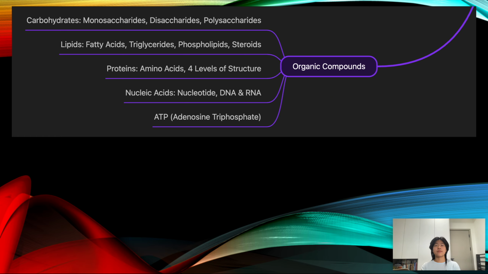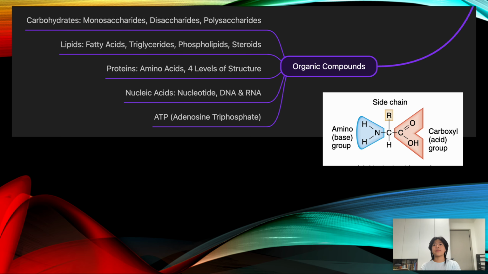Then let's talk about proteins. So proteins are long chains of amino acids. So amino acids are the basic monomer of proteins, which is the polymer. Taking a look at the basic structure of amino acids, so we see here, first of all, we have a central carbon, which is attached to a hydrogen, an amino group, and a carboxyl group.